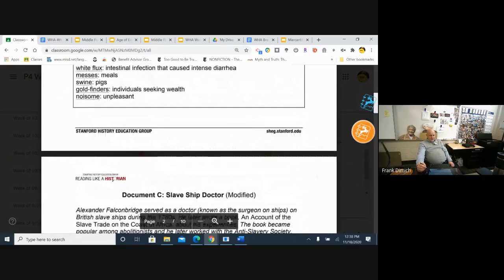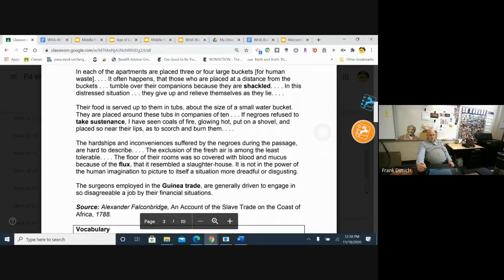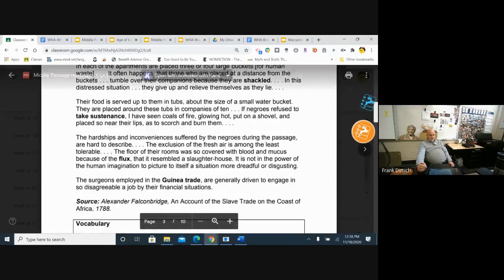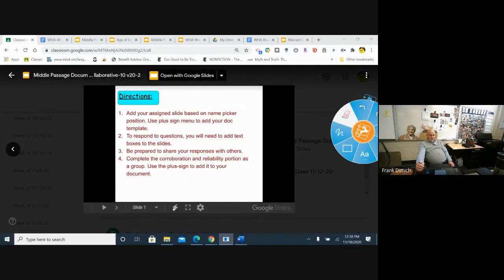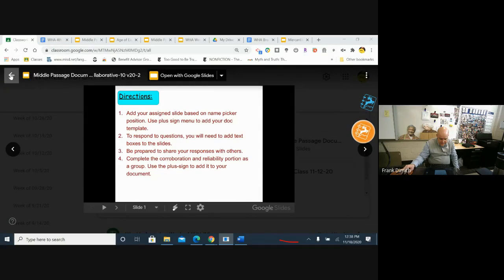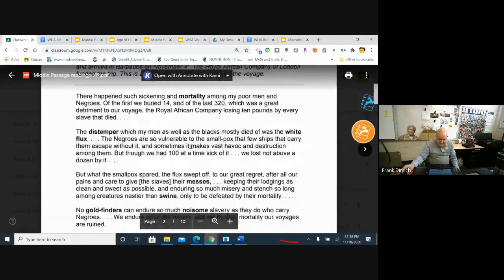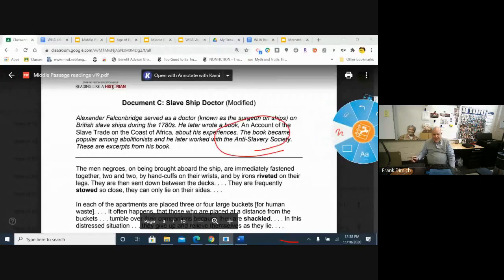While the slave ship doctor, document C, really provides a good detailed account of the horrors of the slave trade, you have to realize that his perspective is a little biased.